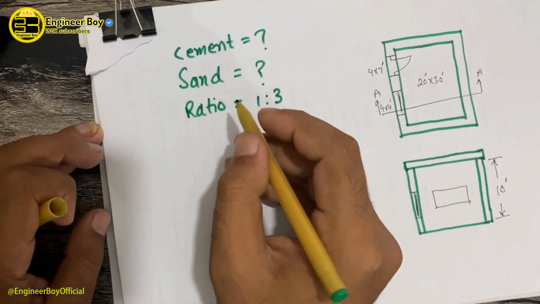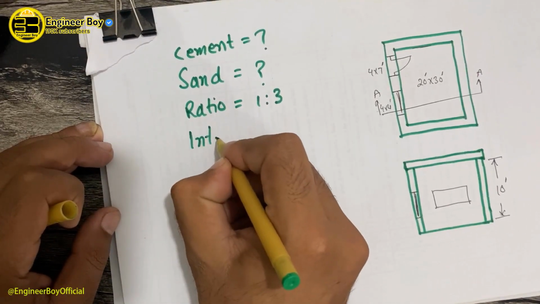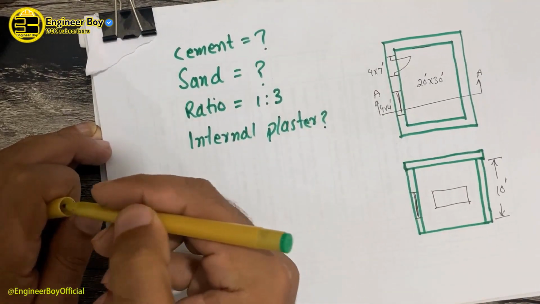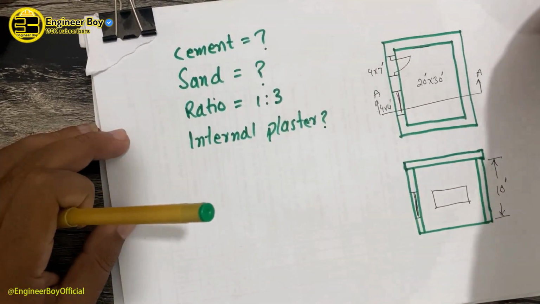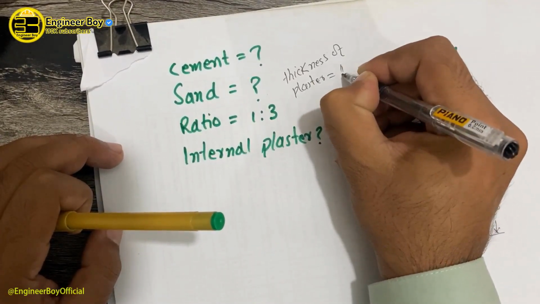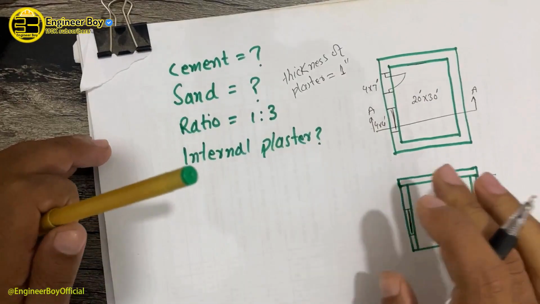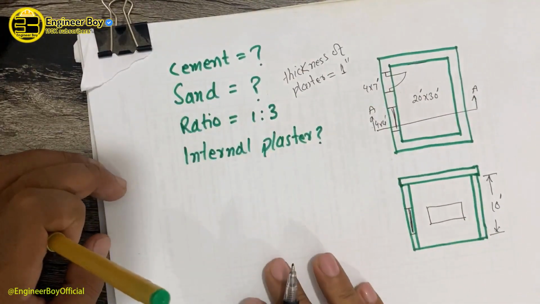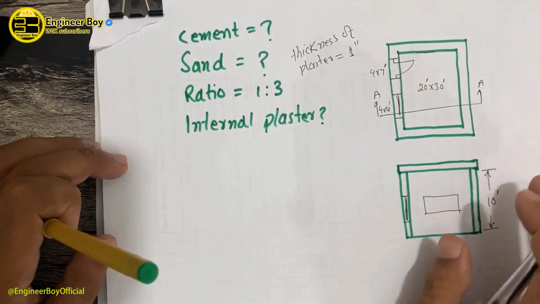Now remember we are asked to determine internal plaster only. Another thing that's known is the thickness, which is 1 inch. So this is what we have, and we are asked to determine cement and sand. Let's just do it. It's going to be so simple.